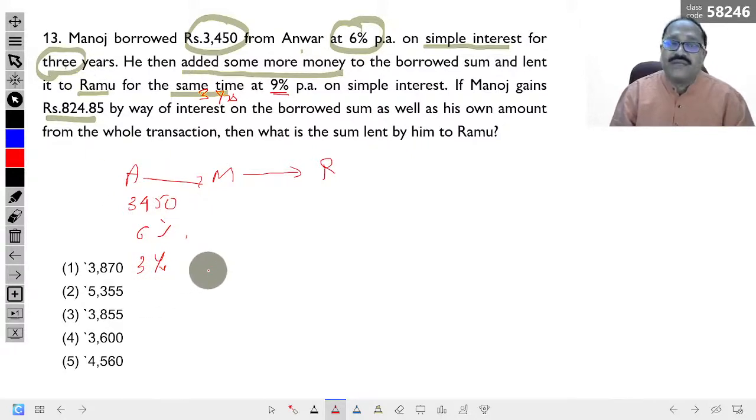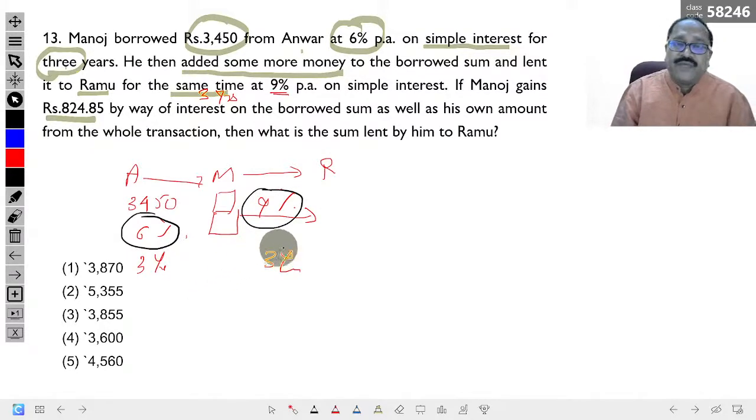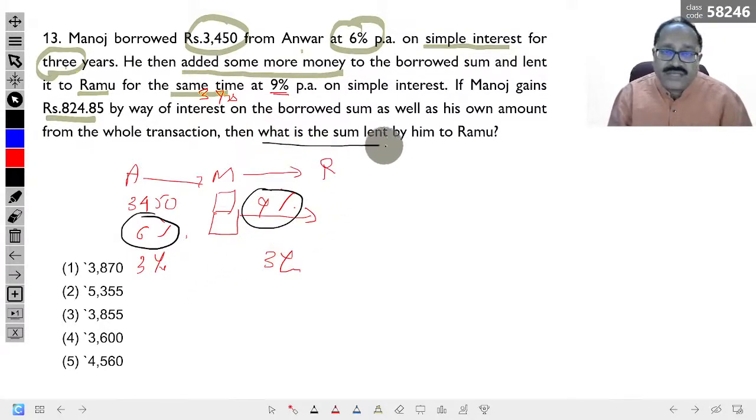After borrowing, he adds some money to it and gives it for the same period, 3 years, to Ramu at the rate of 9% per annum. So now I see that here he has to pay back 6%, but he is getting 9%. So the question is, what is the sum lent by him to Ramu?